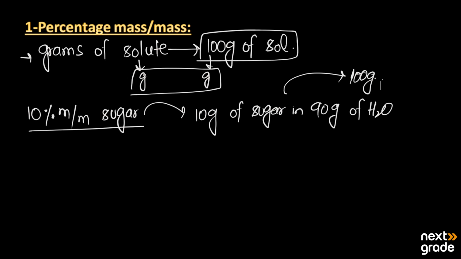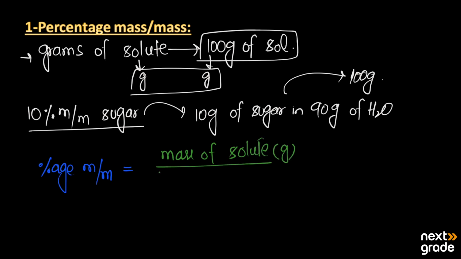And the formula that we use for the percentage mass by mass of the solutions is: percentage mass by mass is equal to mass of solute in grams, divided by mass of solute plus mass of solvent, or we can say the mass of solution, also in grams, multiplied by 100.